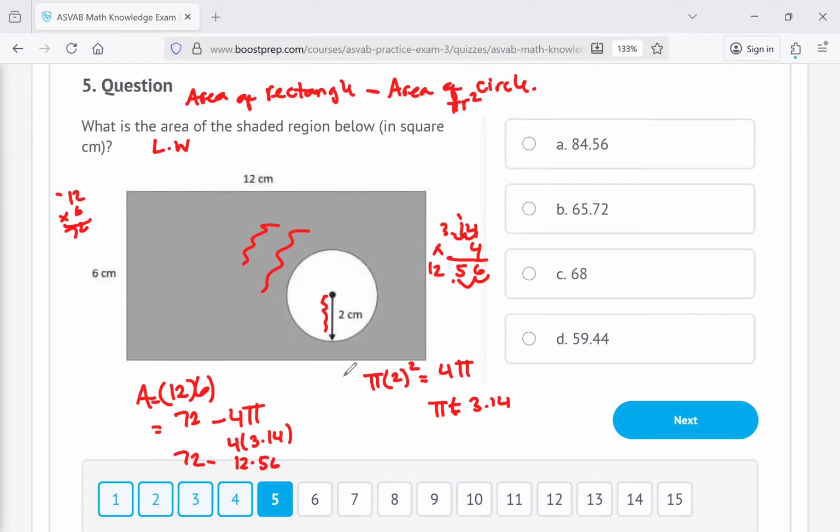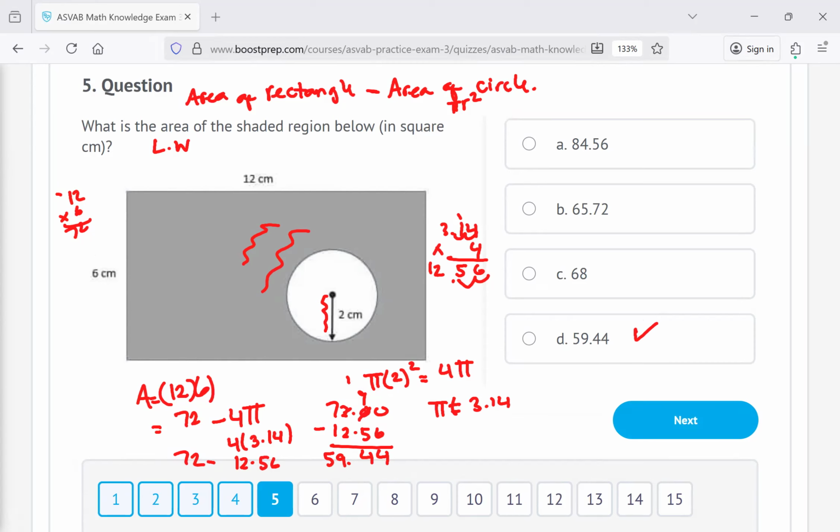So 72 minus 12.56 is 59.44. So letter D. Okay.